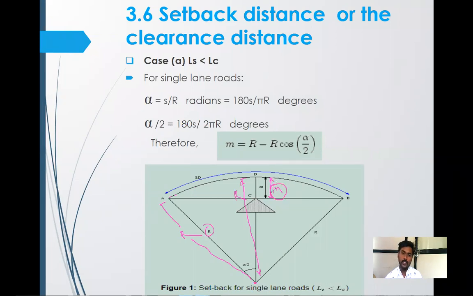I can write this as m. Here I will write m is equal to total distance.